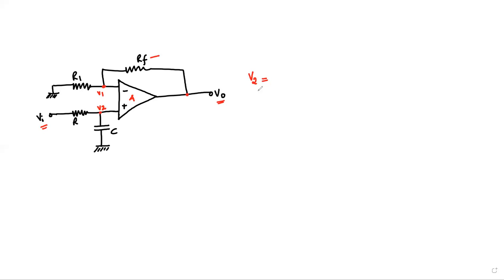voltage division rule. So we know that the impedance of a capacitor is 1 over j omega C, which will be multiplied with the input voltage Vi, and in the denominator we have a summation of two impedances, which is the impedance of capacitor and the impedance of resistor. So we try to solve it further.